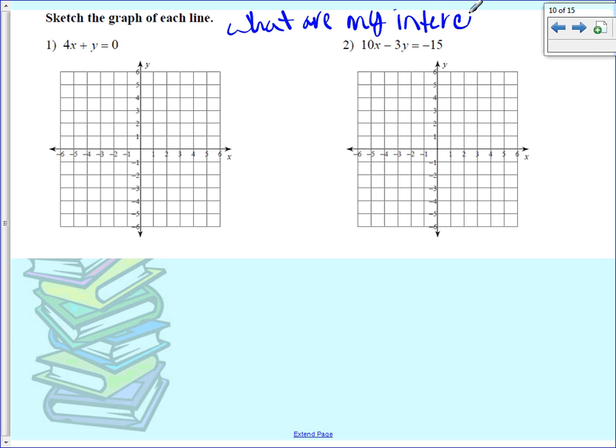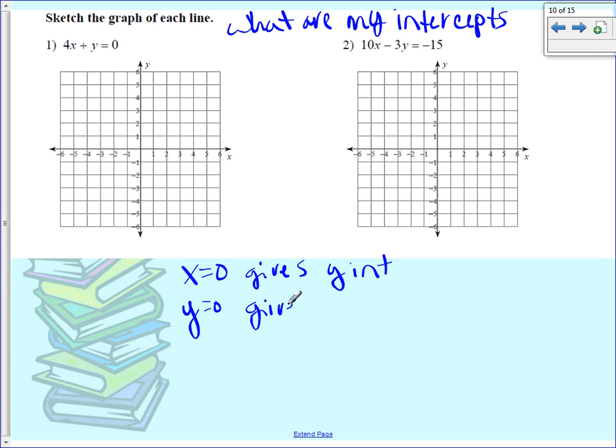And the only way I know what my intercepts are is when I have x equals 0 gives the y-intercept, and when y equals 0, it gives the x-intercept. Plug the zeros in.